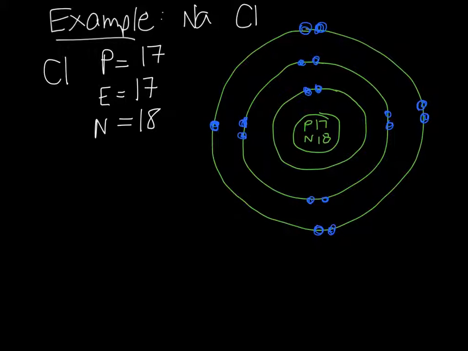So how many more would chlorine need to make a full outer ring? Look at how many are already here. 2, 4, 6, 7. If I want to make 8, that means I only need 1 more. So chlorine, instead of losing an electron, will gain an electron.